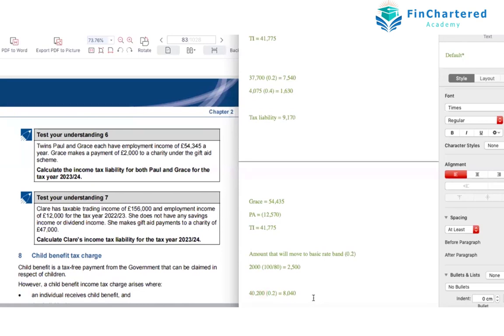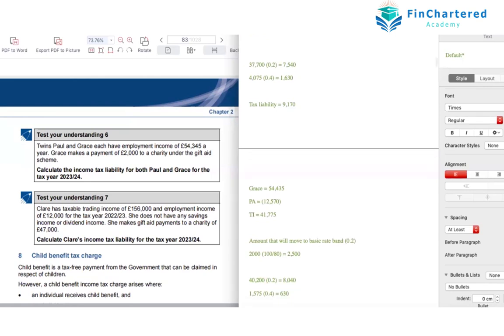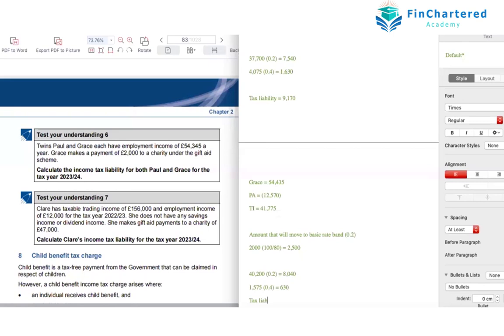How come? Guys, you are telling me the calculations, so your calculations have to be right. From the 41,775, the balance is 1,575, which will be taxed at 40%, which is 630. Therefore, her tax liability will be 8,670. Am I right?